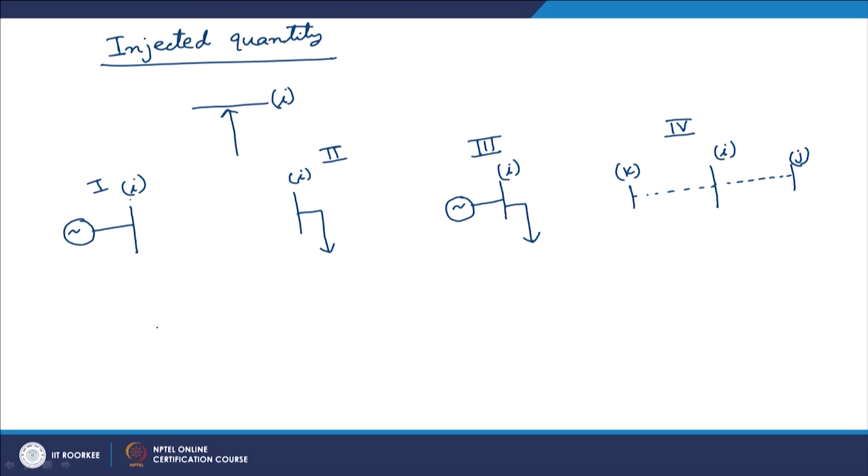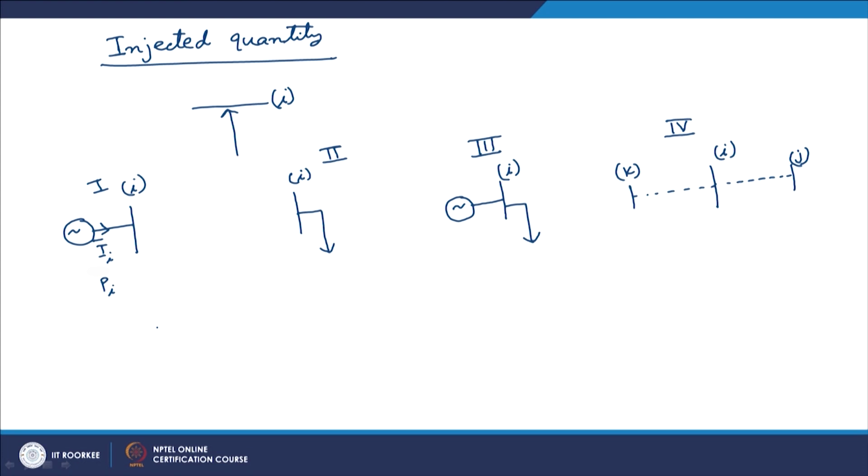Now, for case 1, what happens if there is a generator? It is supplying current and power. Physically, current and power are entering into the bus. So in this case the injected power or current is nothing but the power or current supplied by the generator.